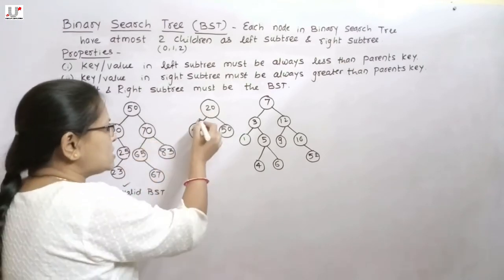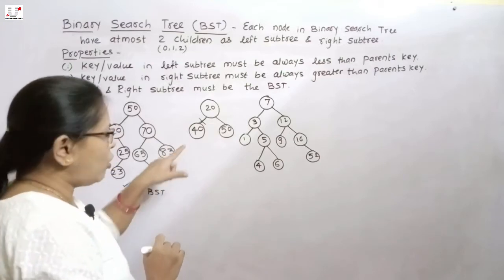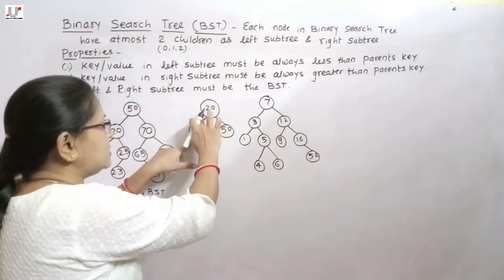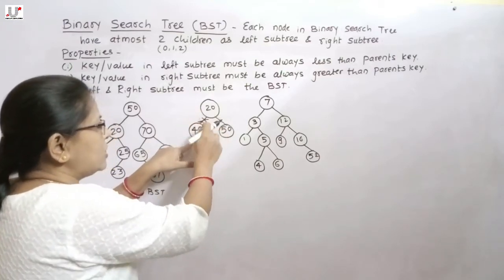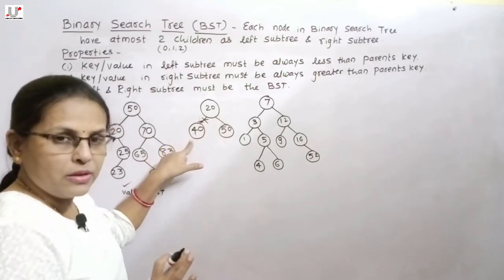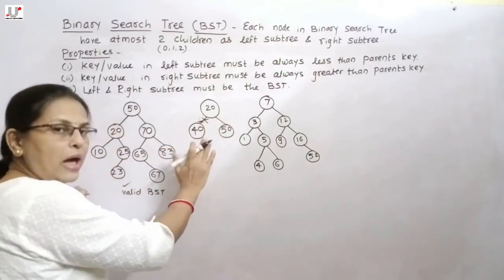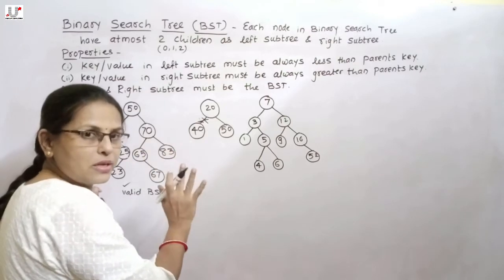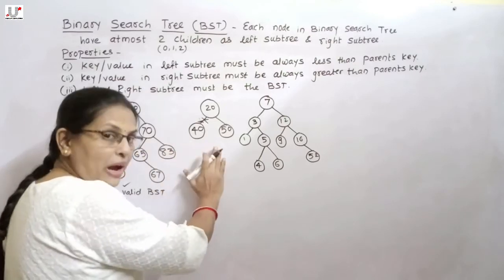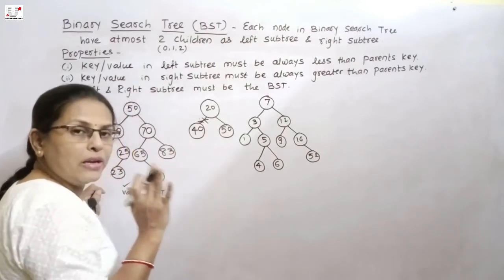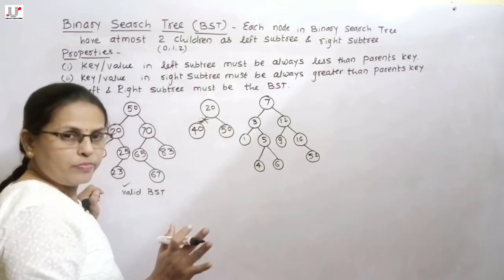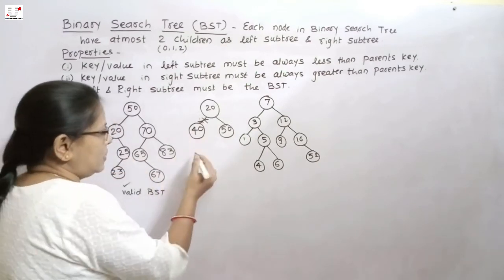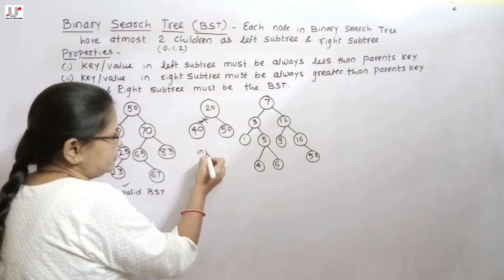Here it violates the property because 40 is greater than 20. So the property gets violated, and we say that it is an invalid binary search tree. Yes, it's a binary tree, but it is not a valid binary search tree. It is invalid.